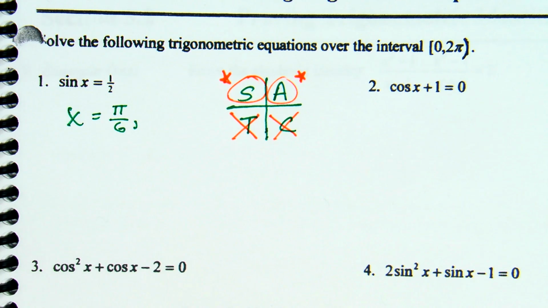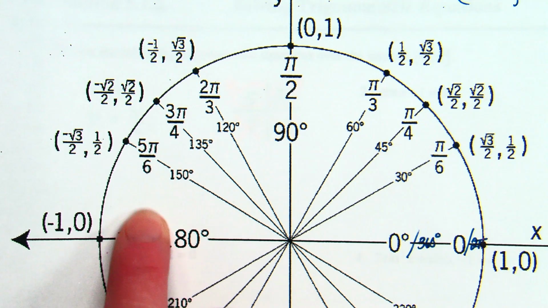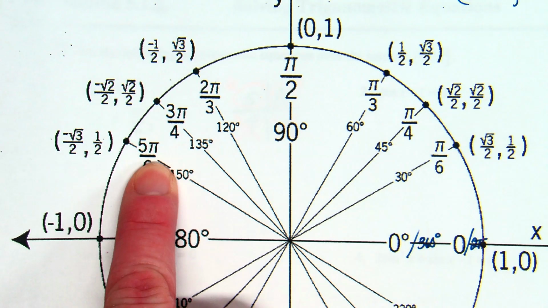Does that make sense, folks? Because if we look at our unit circle here, here's pi over 6. What is pi over 6 up over here? 5 pi over 6.